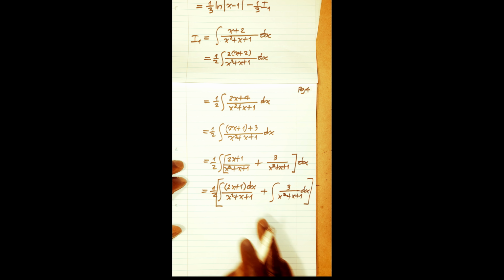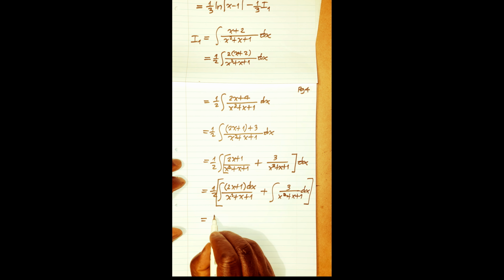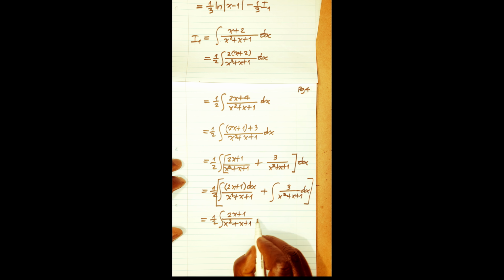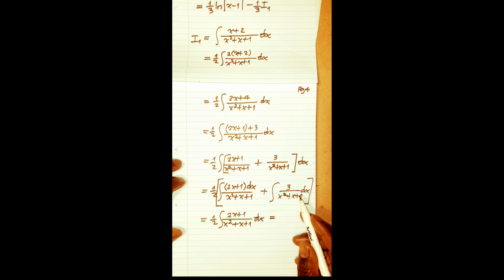Fantastic. Now I'm going to distribute the half. So this is going to be 1 over 2 integral of 2x plus 1 over x squared plus x plus 1 dx. And then here I'm going to take the 3 out. So it will be 3 over 2. There has to be a plus sign here, not is equal to.